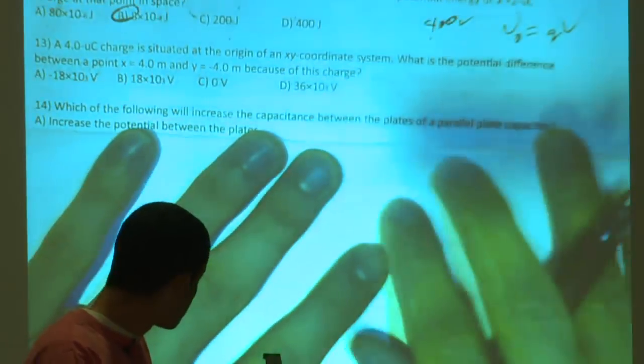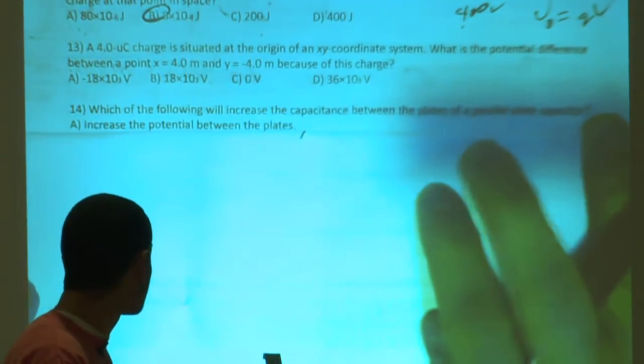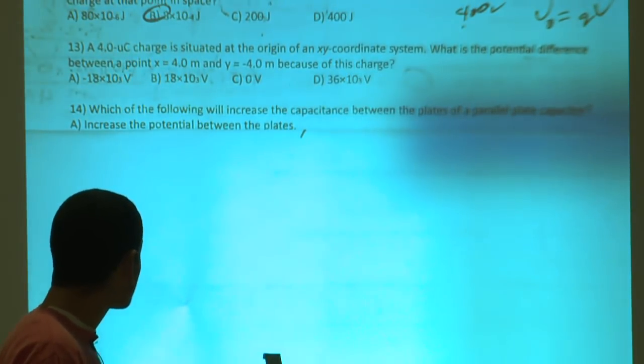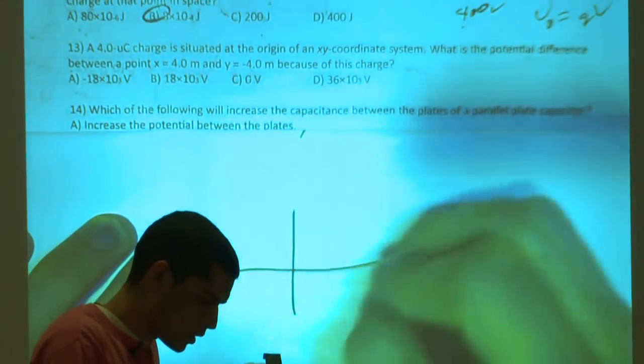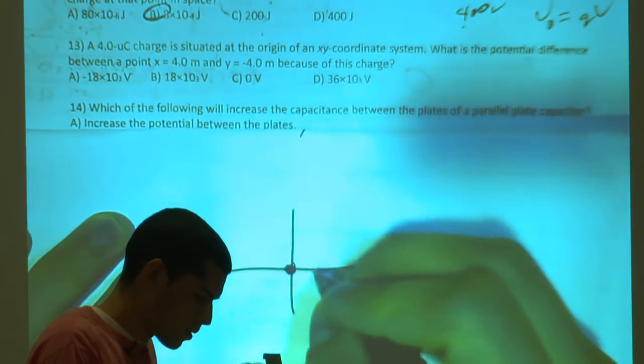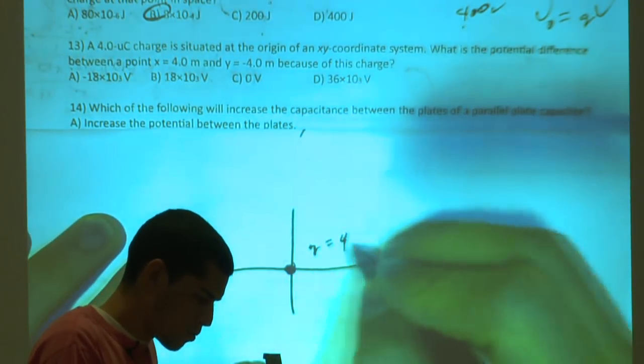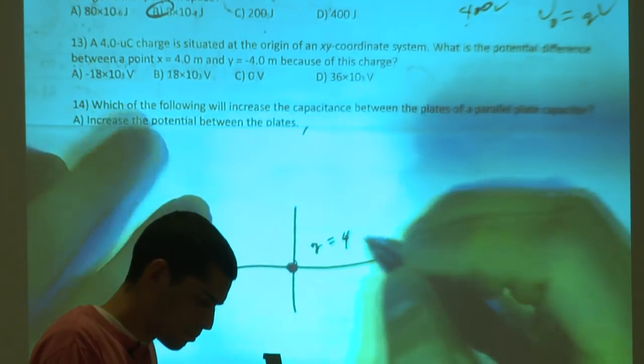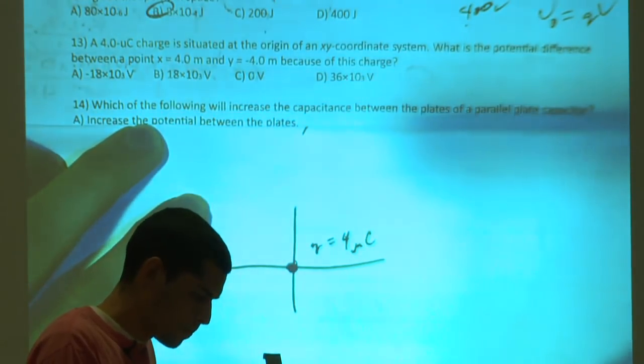So let's see. A 4 microcoulomb charge is situated at the origin. Let's draw this out. So we have Q equals 4 microcoulombs.